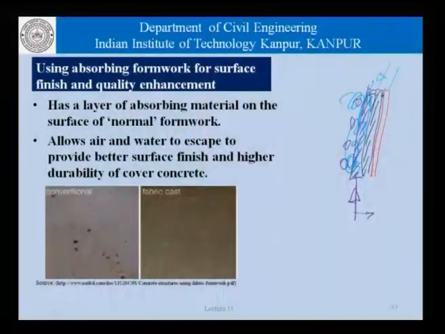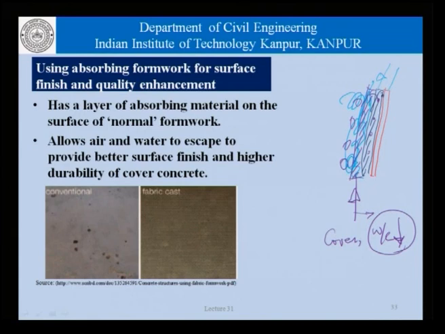Water from this region is absorbed by this formwork, and therefore, we get a cover concrete which has a water cement ratio lower than the water cement ratio in the main body concrete, and that enhances the durability of the structure which is made with this kind of absorbing formwork.